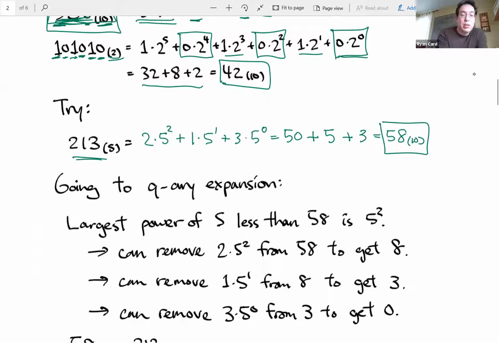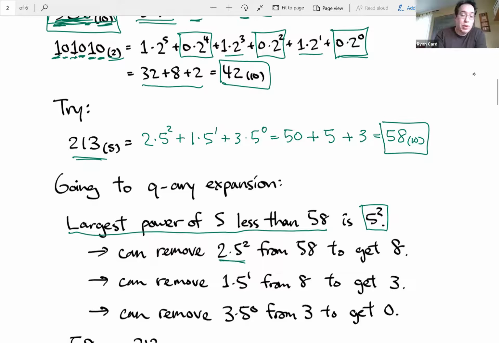You first ask the question, what's the largest power of 5 that's less than 58? So you might try a couple times. 5 squared is 25. 5 cubed is 125, which is too big. So 5 squared is the largest power you can get. So that's where we're going to start. Then you ask, how many 25s can I remove from 58?